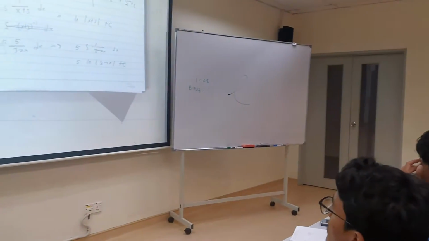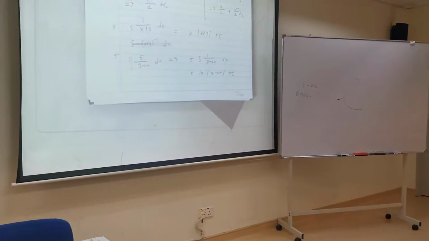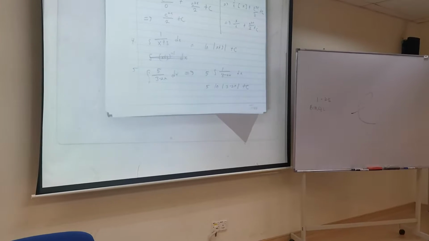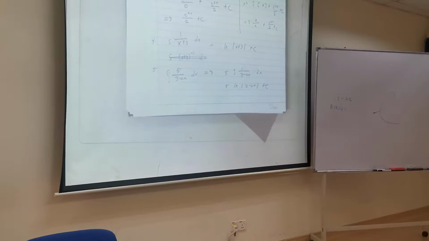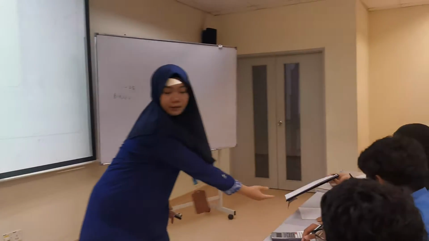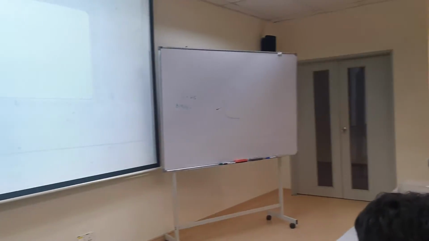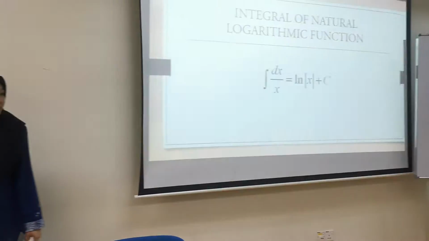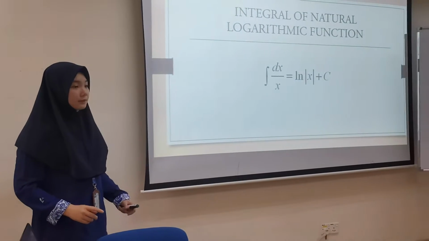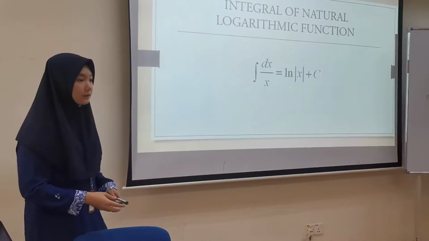And 1 over 3 minus 2x will be solved like we learned before. Do you understand? Yes. Now we're going to proceed to other equations, because the answer given by Azam is correct.